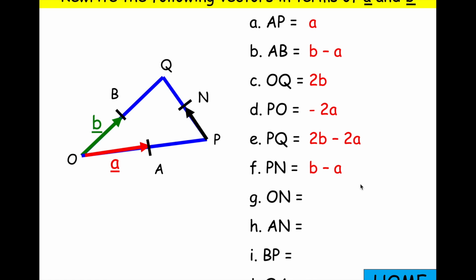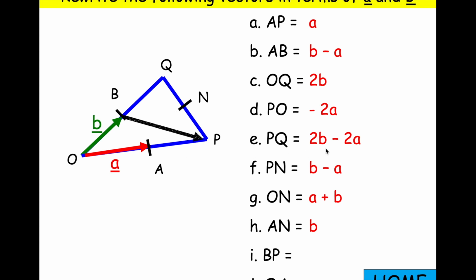Let's take a look at vector ON. Well, vector ON is equal to vector A plus, well, again, as I mentioned just now, this is equal to vector B. And then vector AN is equal to B, because this part here is equal to vector B, as I mentioned just now.